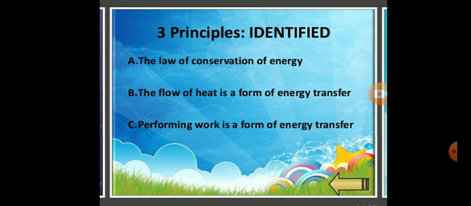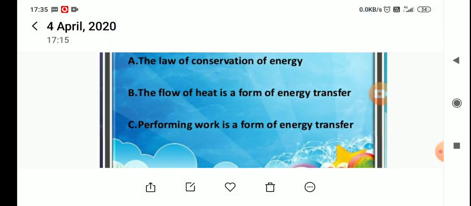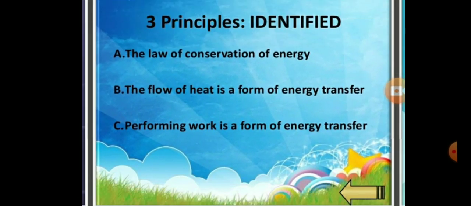Now the first law of thermodynamics can be expressed as the law of energy, or very specifically, conservation of energy. That is, the first law tells about the conversion of energy from one form to another form. We know that work is one kind of energy and heat is another kind of energy.